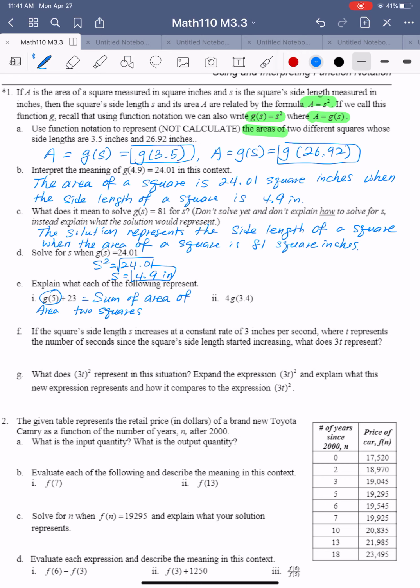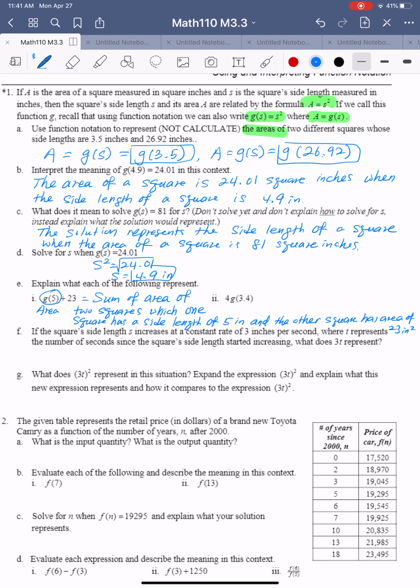One square has a side length of 5 inches and the other square has an area of 23 square inches.